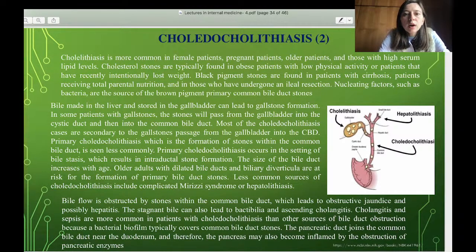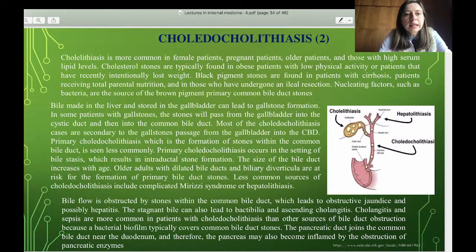Black pigment stones are found in patients with cirrhosis, patients receiving total parenteral nutrition, and in those who have undergone an ileal resection. Nucleating factors such as bacteria are the source of the brown pigment primary common bile duct stone.